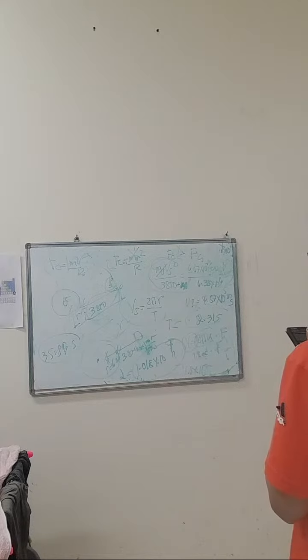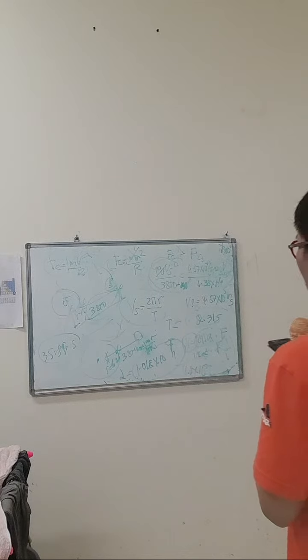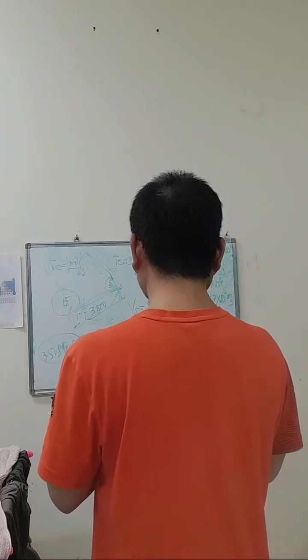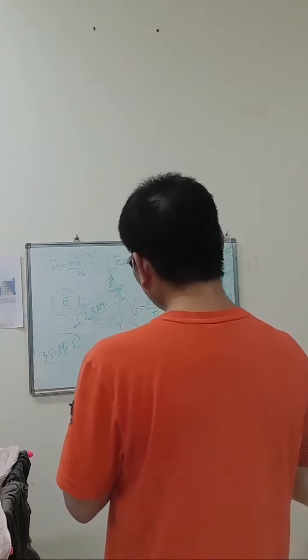It should be higher. Okay, so 5.92 exponent 24 times 6.67 exponent negative 11, times 38 plus 38 kilometers. Okay, that explains it.